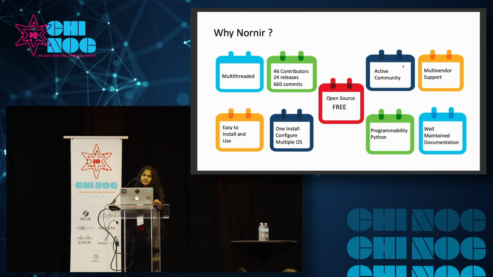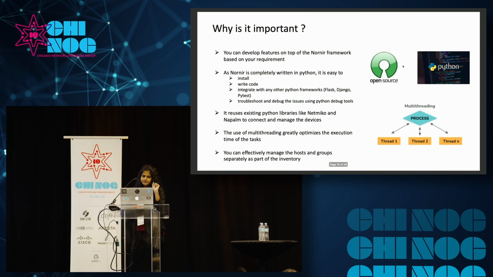Once you install, you can configure multiple devices. And most importantly, it is multi-threaded. So why is it important? As I said previously, as it is open sourced, you can develop features on top of it.